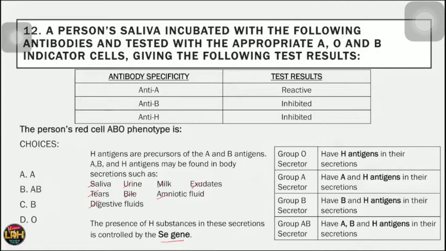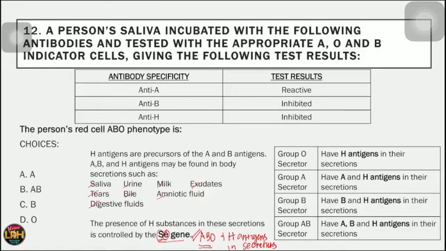So SE gene is capable of expressing the ABO and the H antigens in secretions. So if you have the allele of SE, big S, small e, you are capable of expressing the ABO type and the presence of H antigens in its secretions.